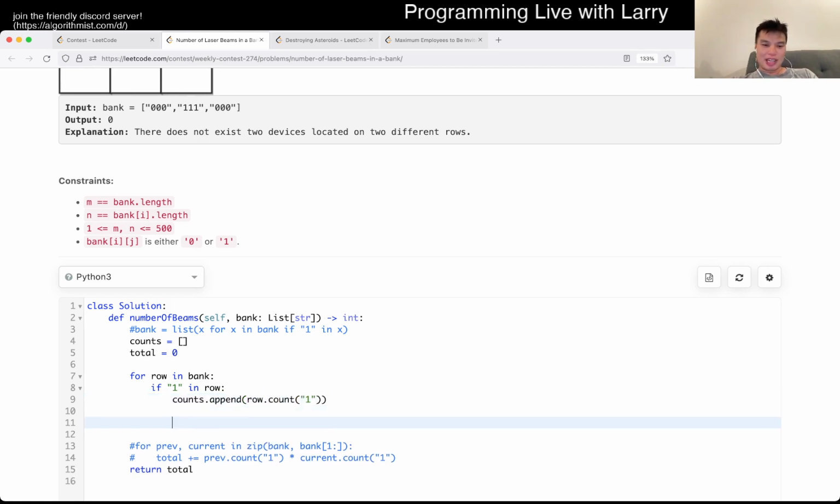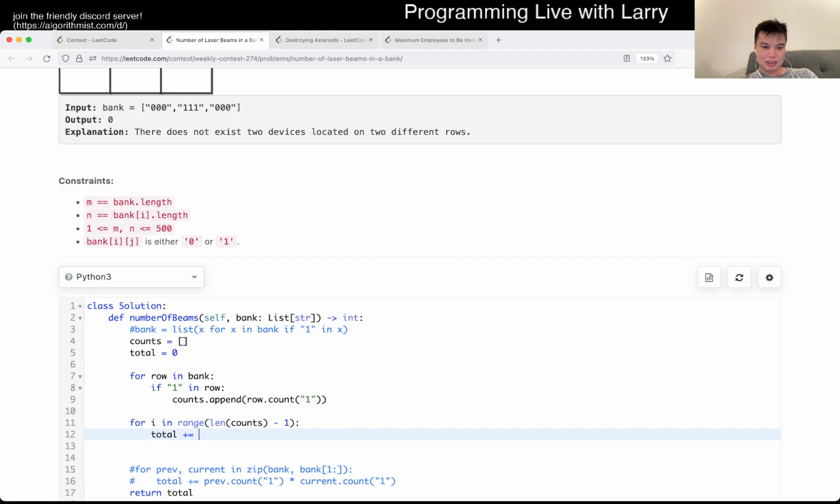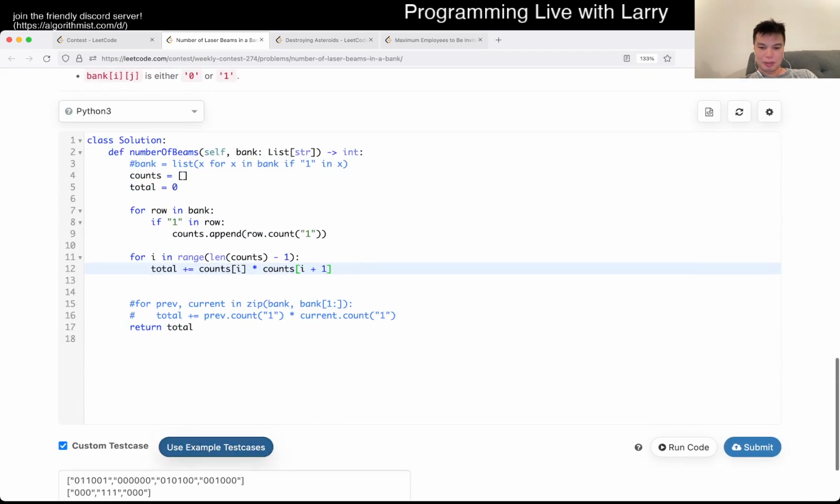After all the counts are done, for i in range of length of counts minus 1, total plus equals counts of i times counts of i plus 1. I think that should be good.